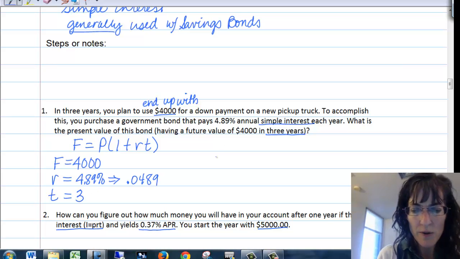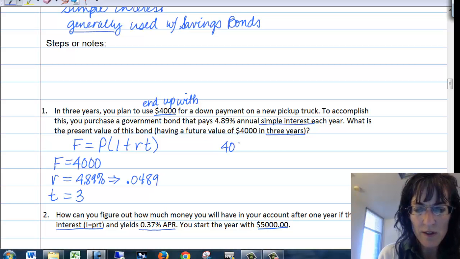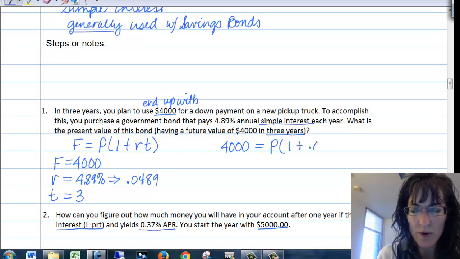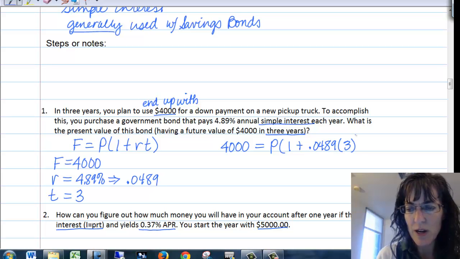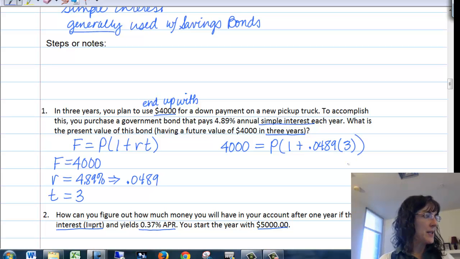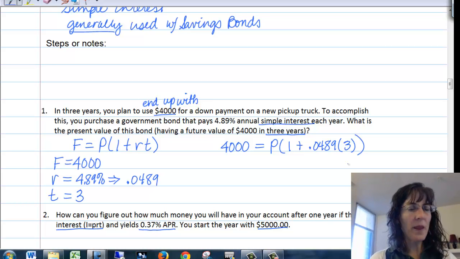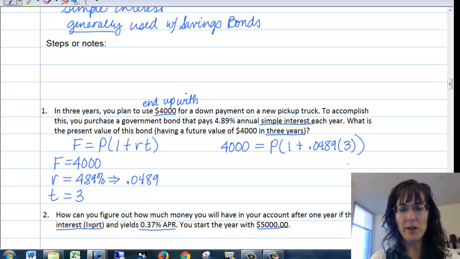So I'll plug all those in. I will have 4,000 equals big P times the quantity 1 plus little r, 0.0489, times t, which is 3. And now I want to calculate that.